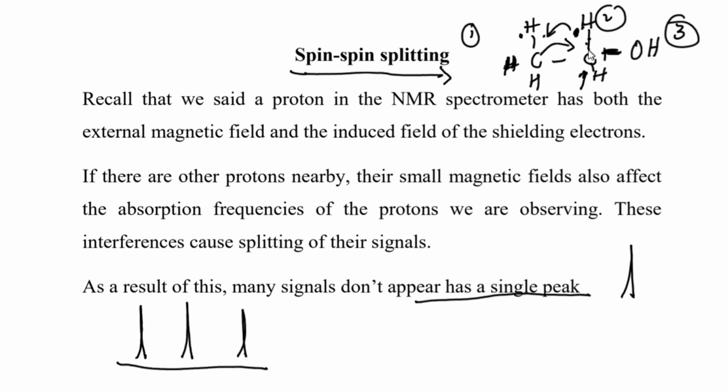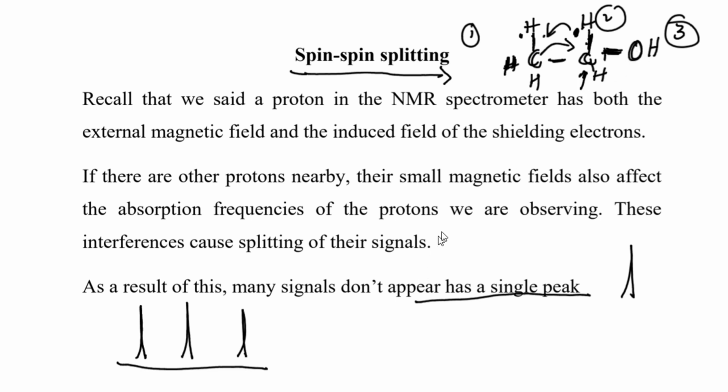So it has to be adjacent. Since this one is not adjacent, it's not going to have any effect, right? That is adjacent in the sense that the only distance between them is this, like this proton that is joined to a carbon and is now connected to another carbon that has a proton, unlike this one that has oxygen.